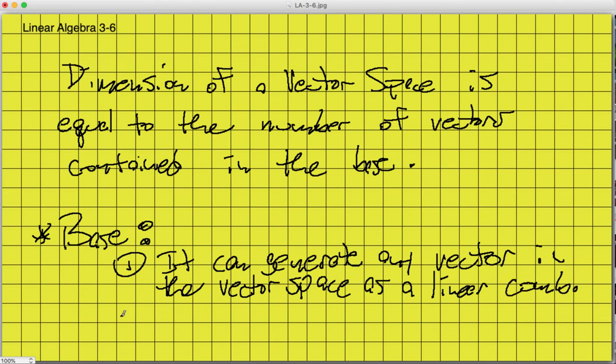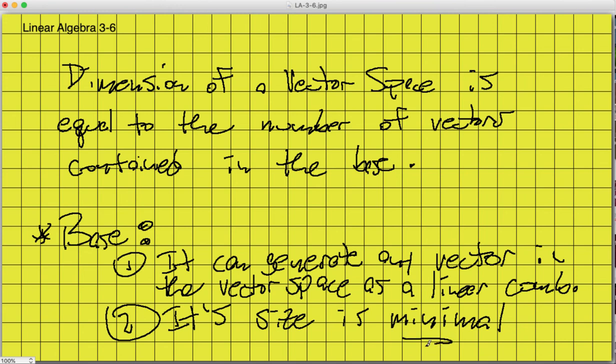And the other thing about the basis is that its size is minimal. That's a very key point. And that, my friends, is the end of this section.